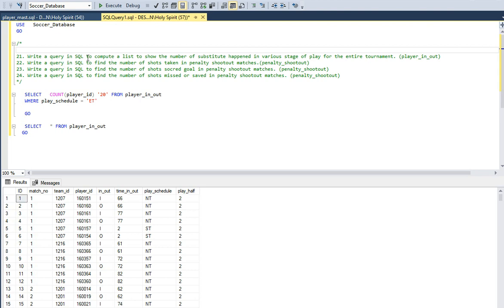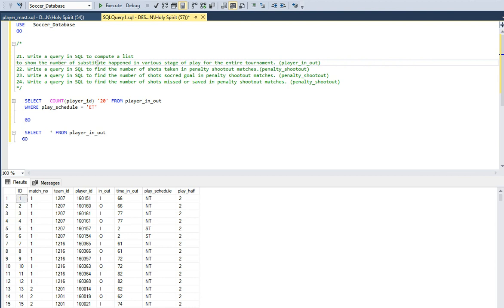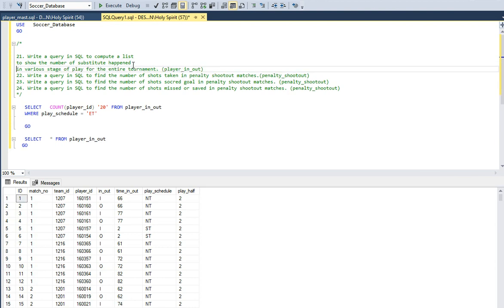Write a query in SQL to compute a list to show the number of substitutes happened in various stage of play for the entire tournament. Okay, tournament. So now select count, stage of play here.